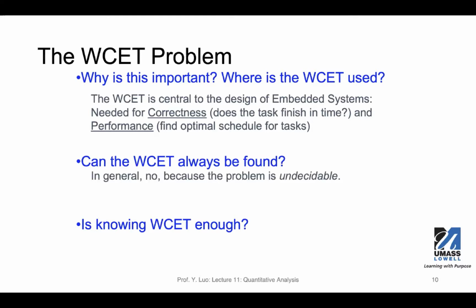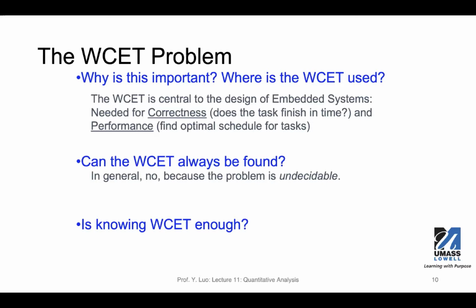Okay, so will the worst case execution time always be found? The answer in general is no, because the problem is undecidable. As I mentioned earlier, the execution time depends on the input and also depends on the environment. So given input, you may have a large space of possibilities, and it also depends on the actual program, the software algorithm.